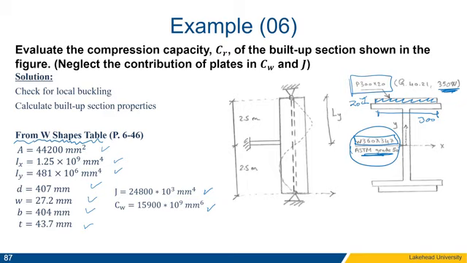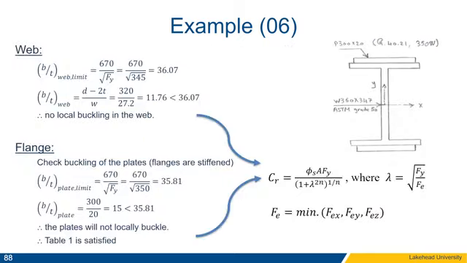The first thing is to know whether we can just use the Cr equation as is, or we need to consider local buckling. So we have to check local buckling. We will start with the web, and the web doesn't have any plates, so we can just go ahead and check it similar to what we have done in the previous 3 examples.